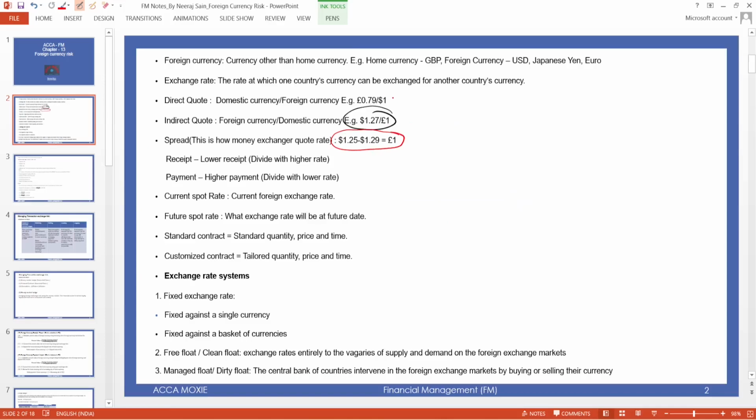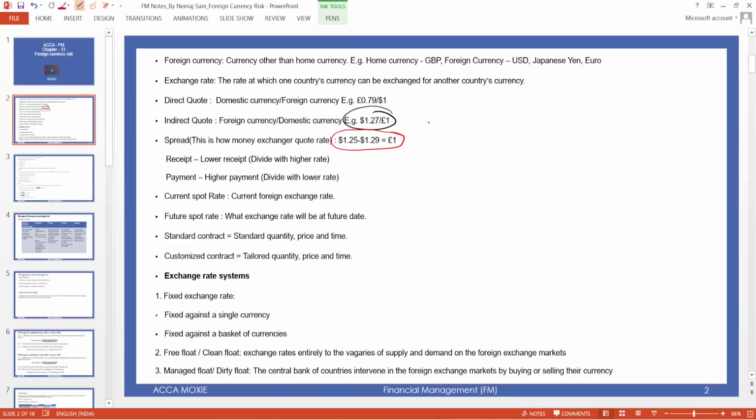Okay, so I will explain. A direct quote and an indirect quote are just ways of representing, but they mean the same thing. Let me show you that $1 can get 0.79 pound. Okay, but I can write this like this as well: 1 pound can get $1.27.